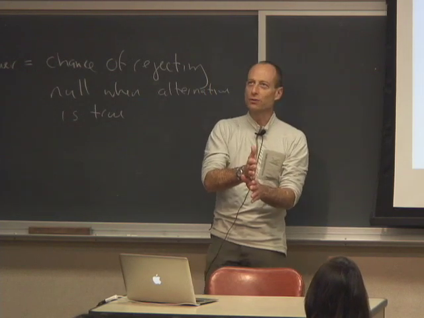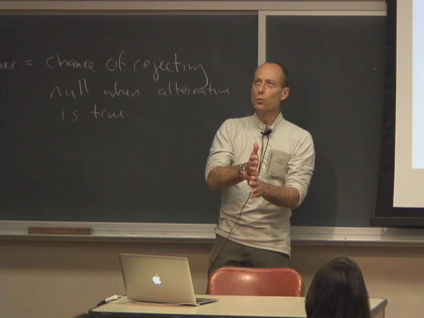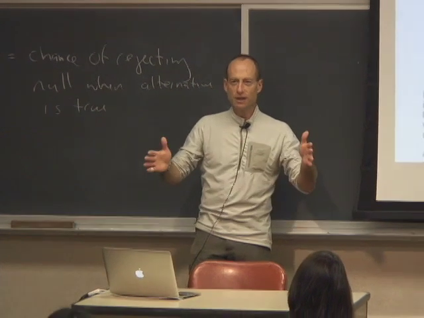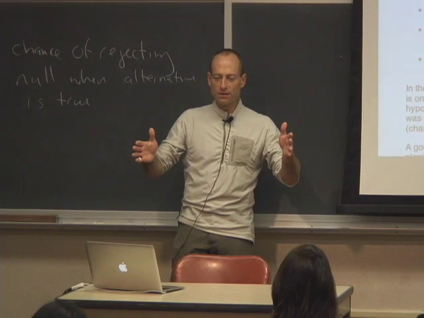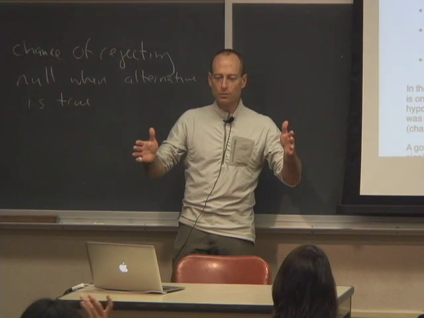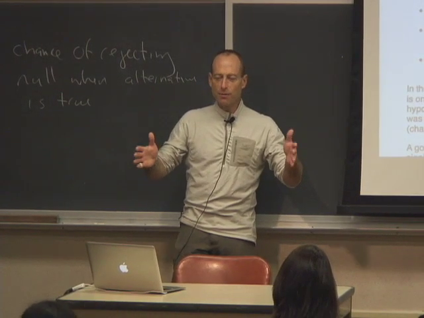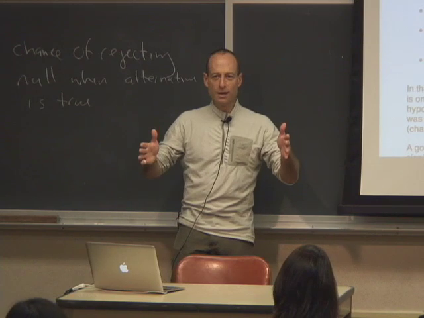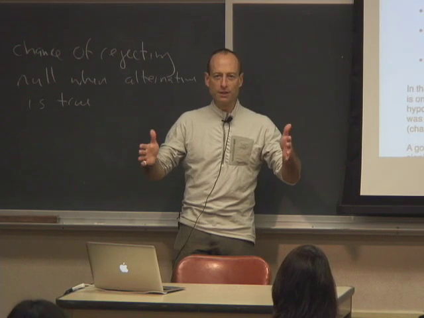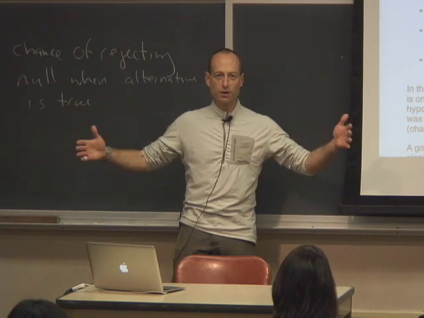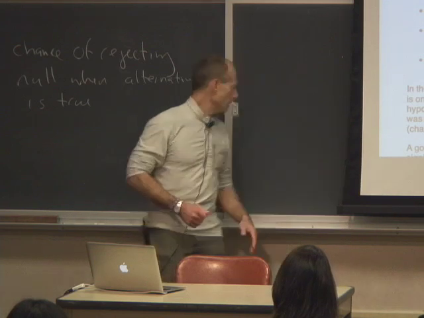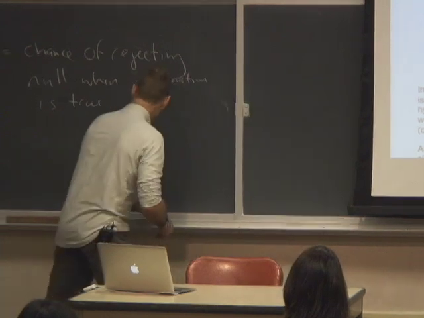We're trying to set up our test so that there's a big probability that we don't reject if the null is true, and there's as big a possible probability that we do reject if any of the alternatives is true instead of the null.